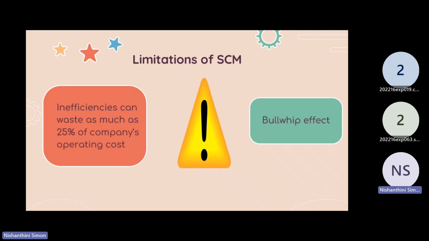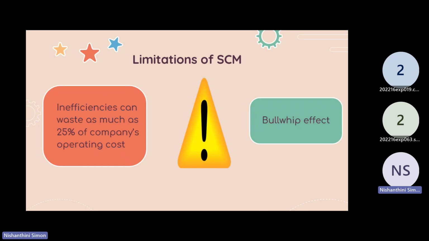When waves are being created, if we clearly notice, in the beginning or starting point the waves will be small. Small waves will be created, and when it goes to the end, the waves will be bigger. So it starts from small waves and bigger waves are created in the end.